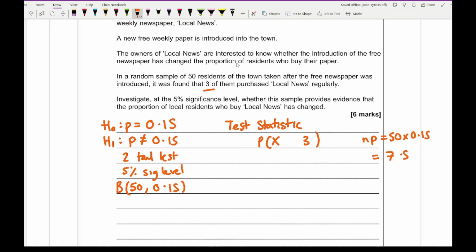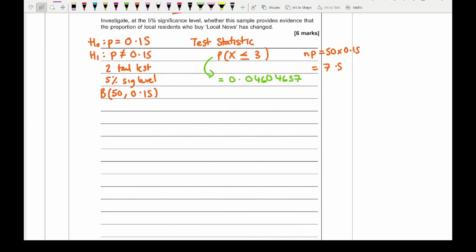As 3 is on the left of 7.5, my test statistic is going to be P(X ≤ 3). If I enter this on the calculator, it gives me a value of 0.0460467.